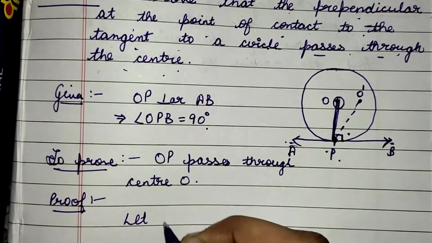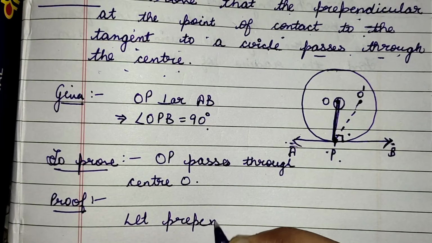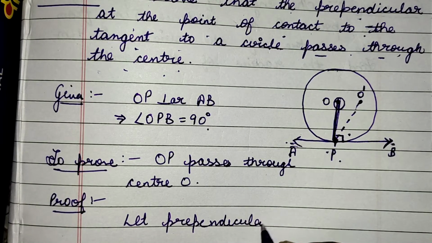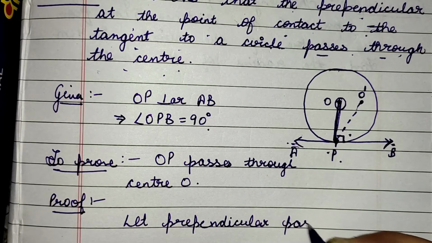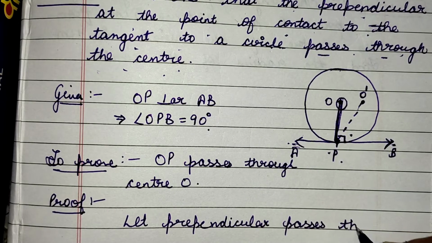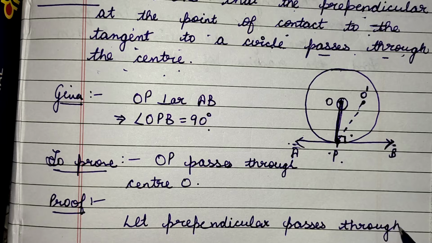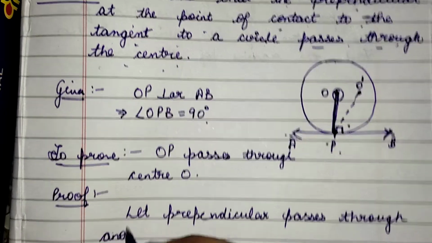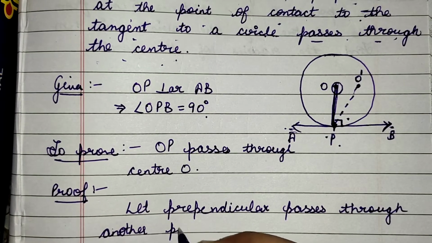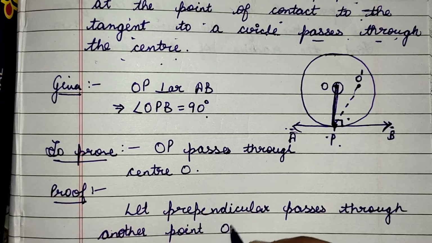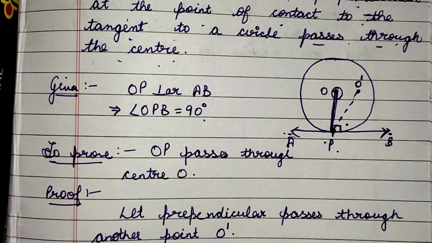Let the perpendicular pass through another point, and suppose that point is O dash, right?